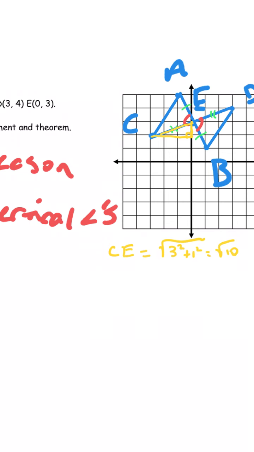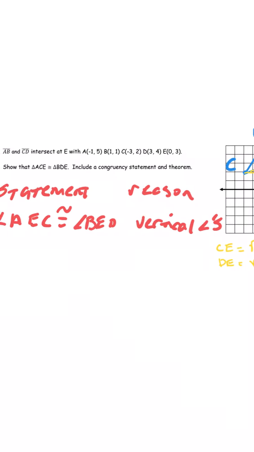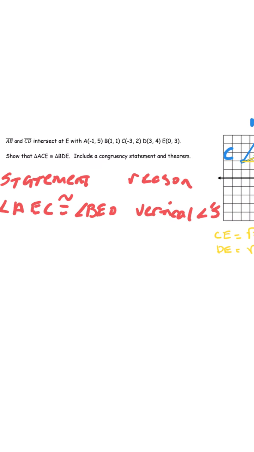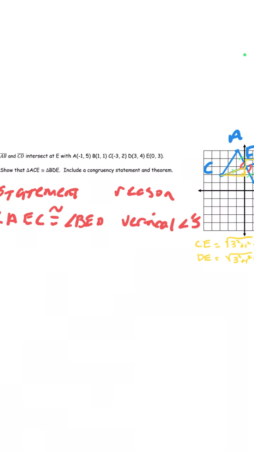Then I've got DE. Same thing: 1 unit up and then 1, 2, 3 units over. So 3 squared plus 1 squared is the square root of 10. So that shows that DE is congruent to CE.